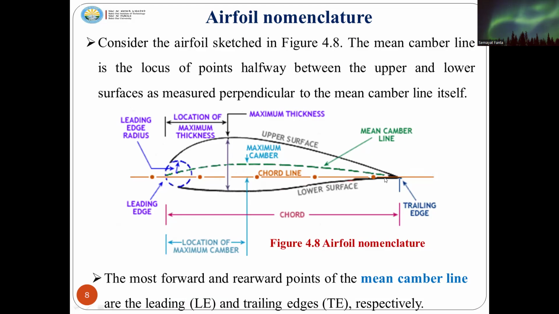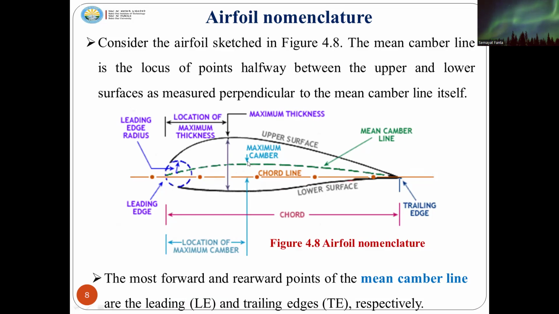If you observe the curved line, which is dividing the aerofoil into two equal sections. Okay, the camber line is the line which divides a given aerofoil into upper and lower halves equally. So at every point, if we draw a line from the upper surface to the lower surface, we can find T over 2 and T over 2, upper and lower.